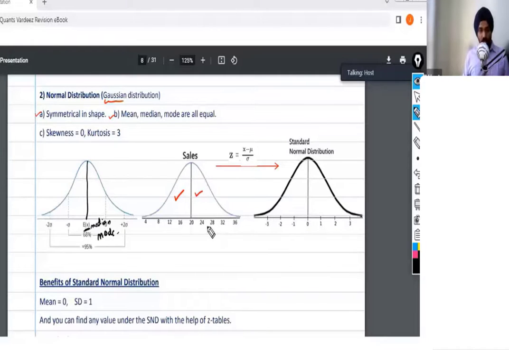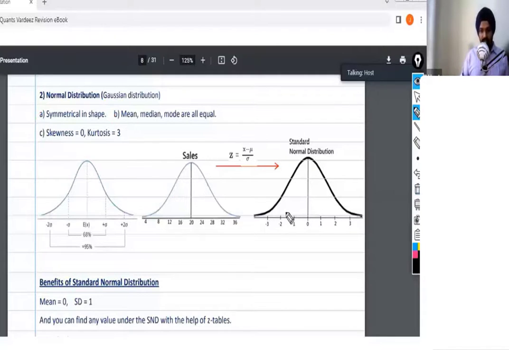So that's one thing that we have for the normal distribution: the mean, median, and mode are all equal. The skewness is 0. As you can see, there is no skewness, left or right. So that's a 0 skewness. And the kurtosis is 3. Okay, remember this for the exam. A normal distribution has a kurtosis value of 3.